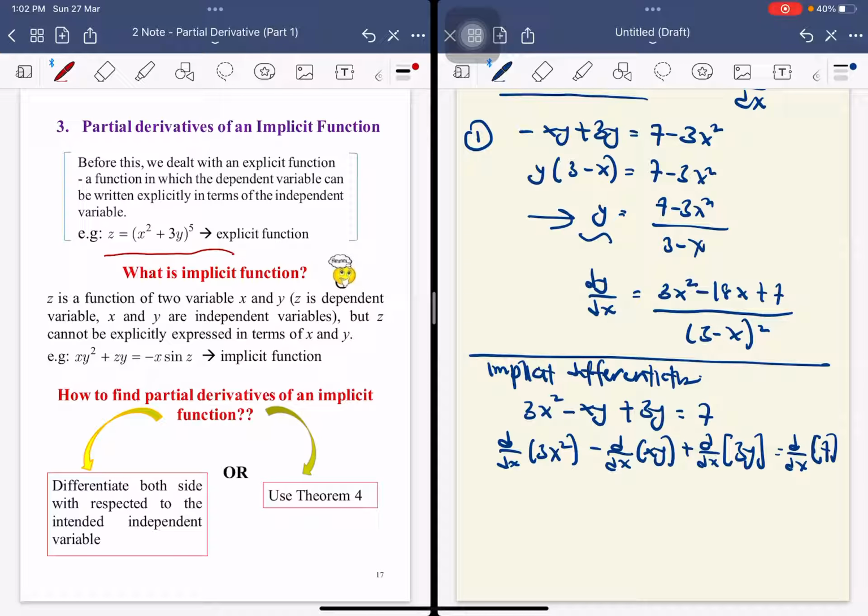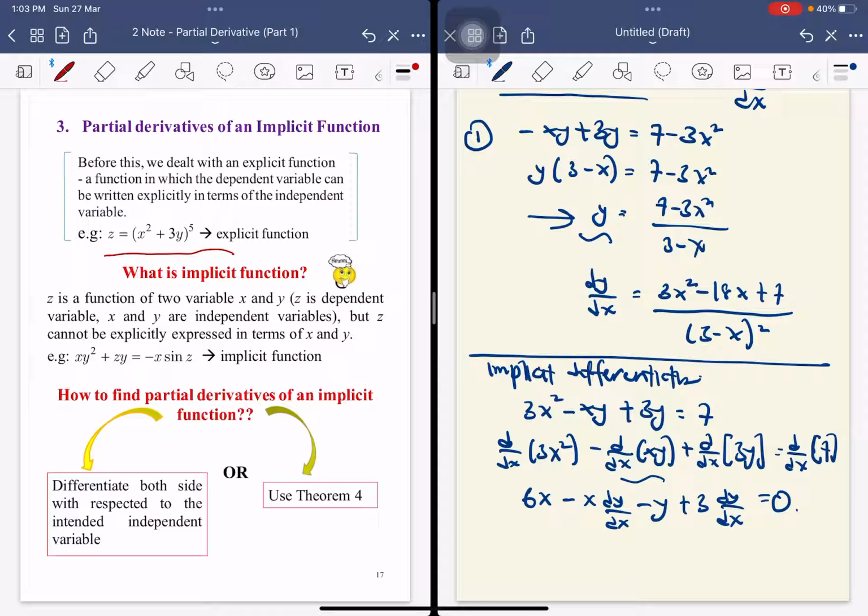If you differentiate the first term with respect to x, you get 6x. For this one, you use the product rule, so you get minus x dy dx minus y, and for this part you get 3 dy dx, equal to 0.